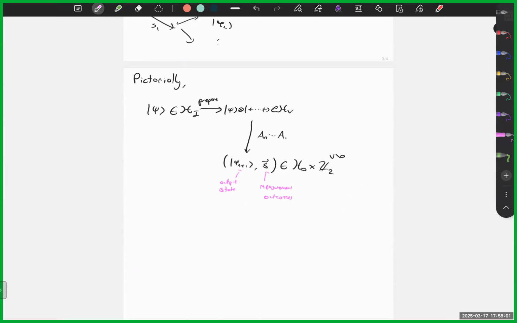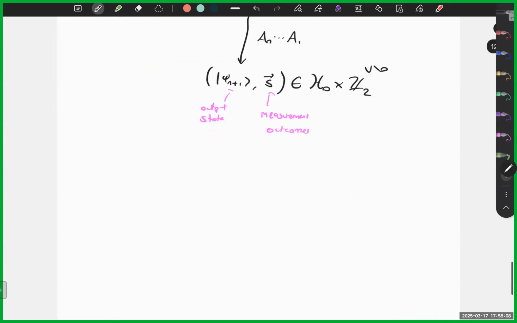Now, those branching processes are very important for us. So actually, we can see directly that each branch has a unique S vector of measurement outcomes, because the branches are defined as coming after the measurement.